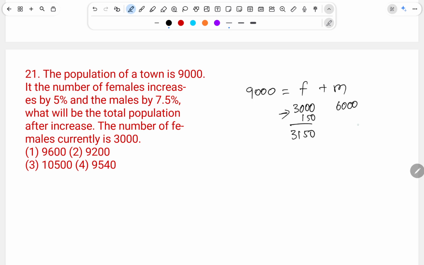Now males 7.5%. Males into 107.5 by 100. Two zeros got cancelled. Now multiply. 6 5s are 30, 0, 3. 6 ones are 6, 4 2, plus 3, 5.